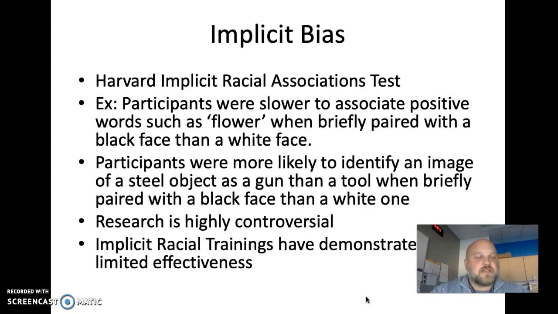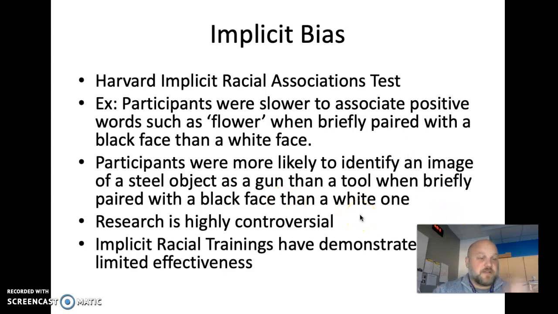They've done studies, mostly through Harvard University, where they bring people in, and as you can see on the slide, they might associate positive words with one race more quickly than with another race, and they might associate negative words with one race before another race. That's kind of their operational definition for having unconscious or implicit bias.